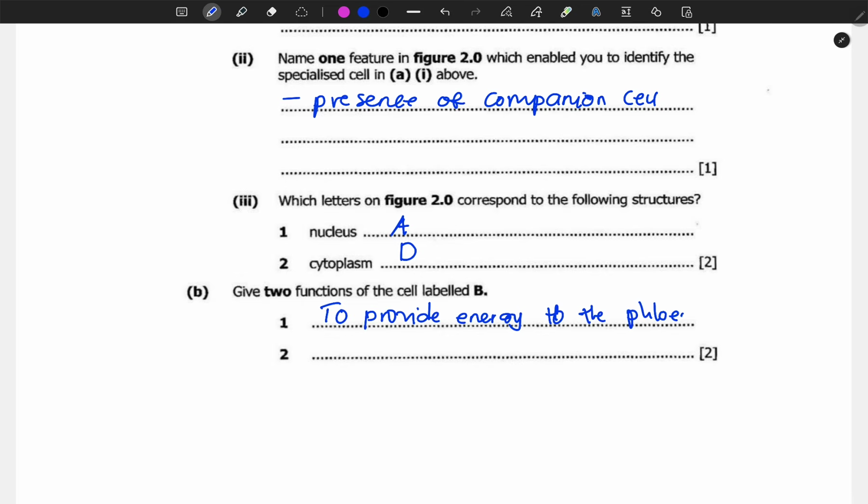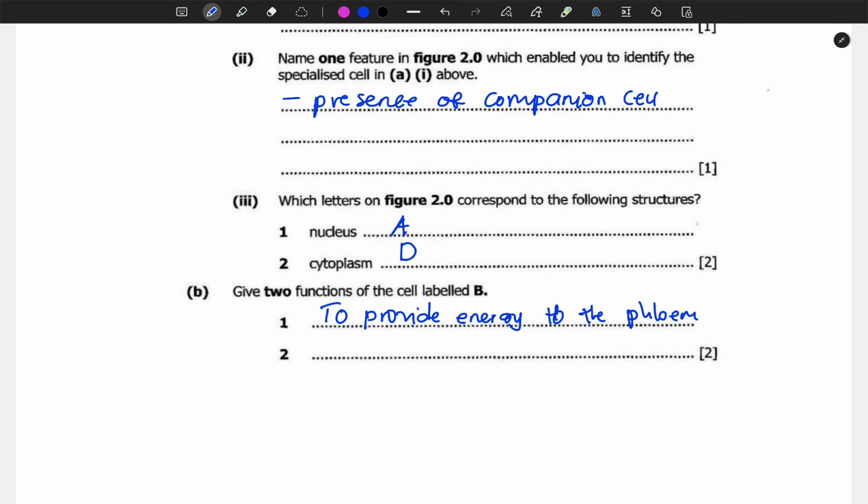Since phloem transports manufactured food such as carbohydrates and proteins, they require energy to be transported from where they are manufactured, which are the leaves, to the part where they are required. That energy for transportation of these materials is given by the companion cell.